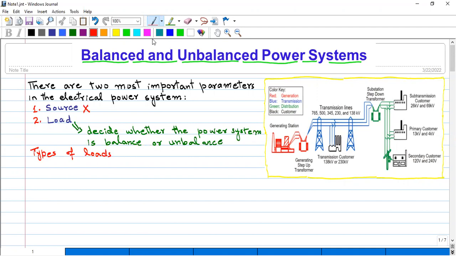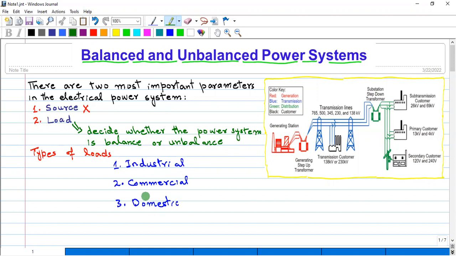The first type of load is industrial, the second type is commercial, and the third type is domestic. So these are the three most important types of loads.